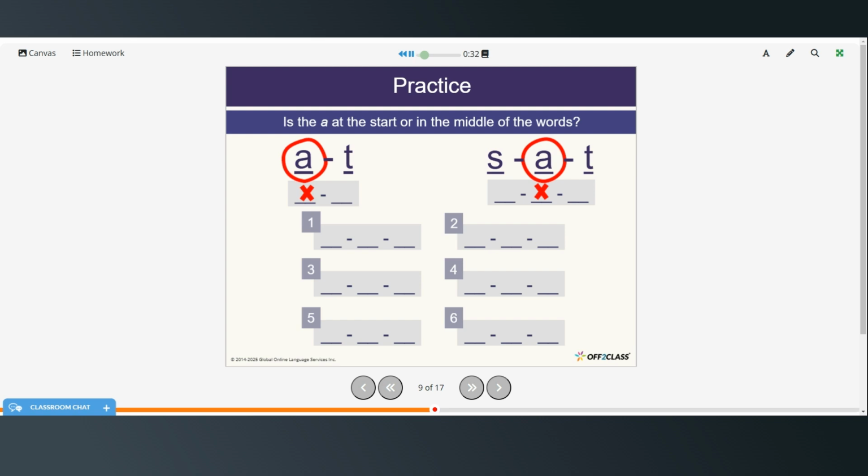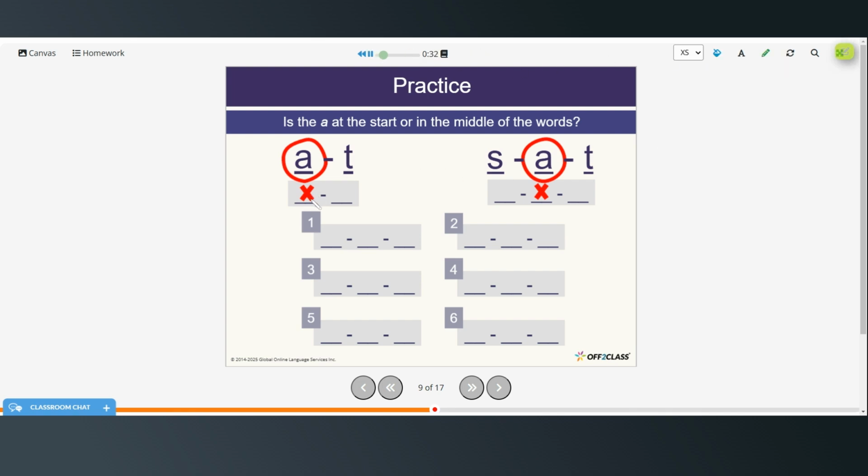At, sat, cat, apple, dad, map, ant, cap. I'll play it again.